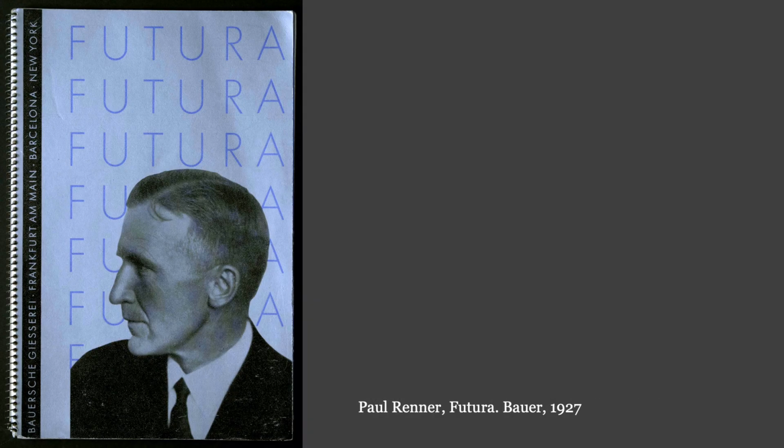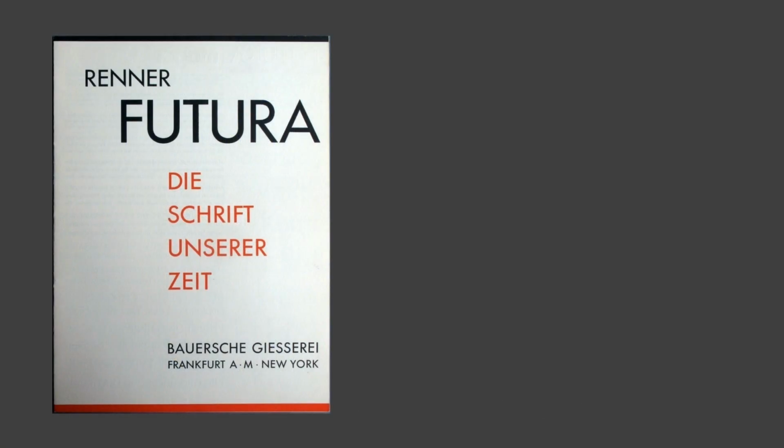But of course, the archetype, if you like, for a geometrical sans serif, one of many produced in the late 1920s, is of course the Futura, produced by the Bauer Type Foundry, to designs by Paul Renner, and marketed under the slogan of the type of our time.